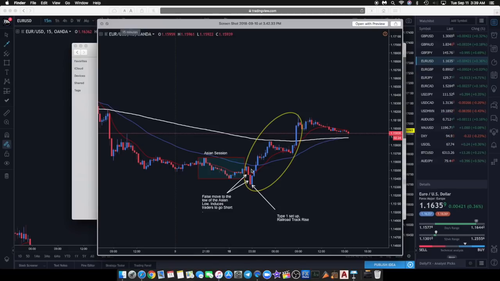On this one, we have our false move down, and just like I showed you previously, we didn't create the W, we railroad tracked this one, and we rose. Okay, and I'm going to go over the different types of setups that you'll see besides the W when you see these patterns. But first I just want you to understand the patterns that you're looking for. Trust me, we're going to go over all that in another video.